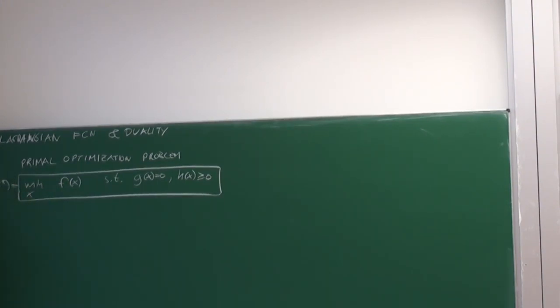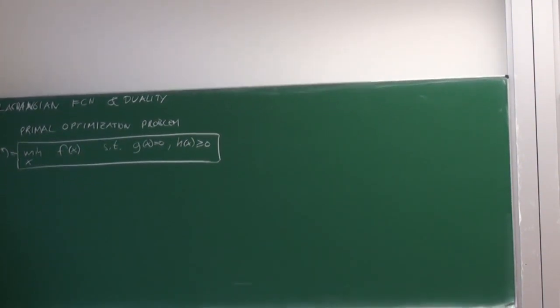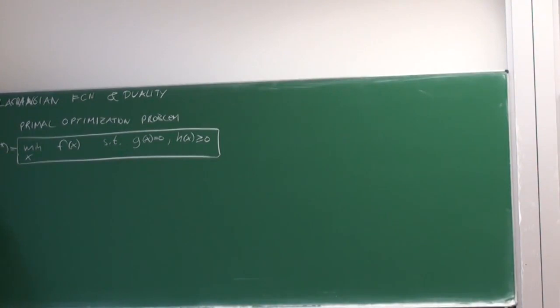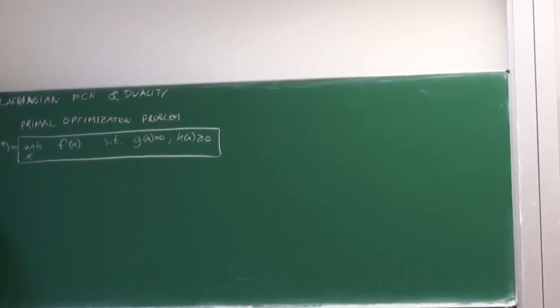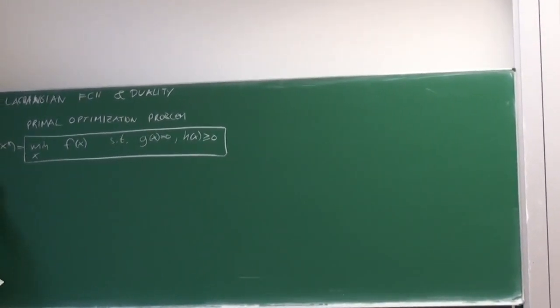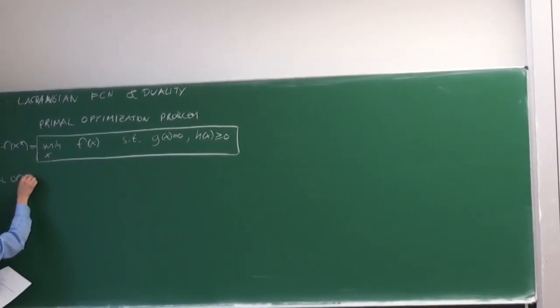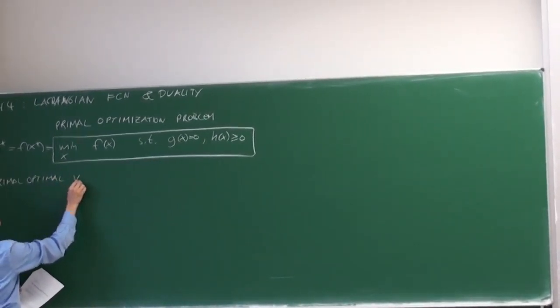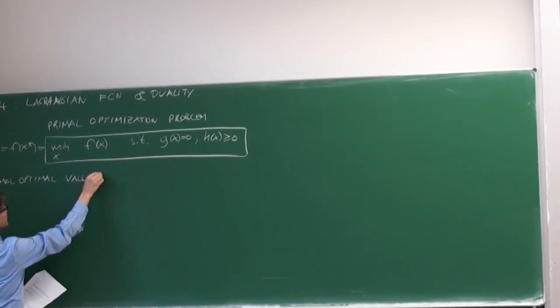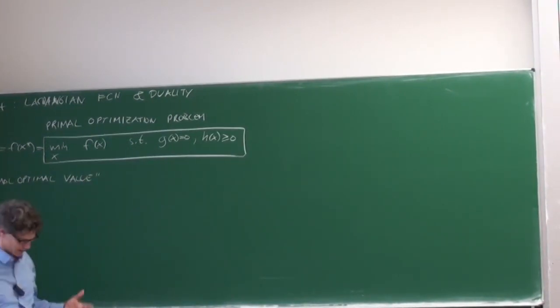So there is only one best function value, and that one we call P star. So that is the primal optimal value. So we give it a name, P star.